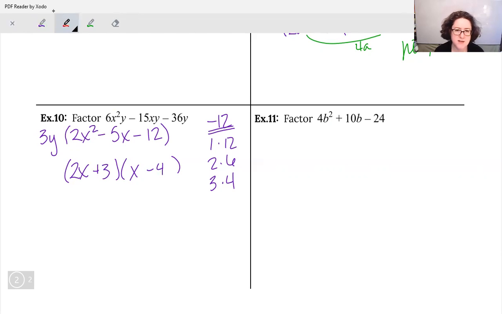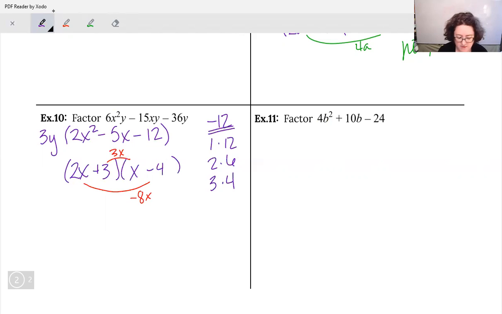So again, test your multiplications. So we have a 3x and we have a negative 8x. Is that going to give us a negative 5 in the middle? Hey, wait a second, I got it on the first go. That doesn't always happen, but double check. If I had my signs reversed, I just would have changed it to a negative 3, positive 4 if I needed to, but this one seemed to work.